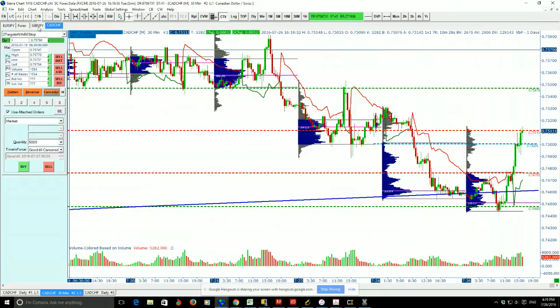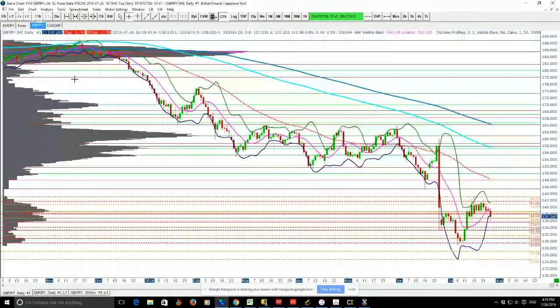Okay, so let's do one more currency where we've been looking at, and that is GBP JPY. All right, and again, it's been carnage with JPY. It's just been falling right up until obviously we had Brexit, and then that kind of went down. And now again we've got this consolidation area.